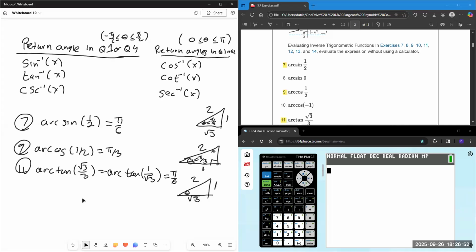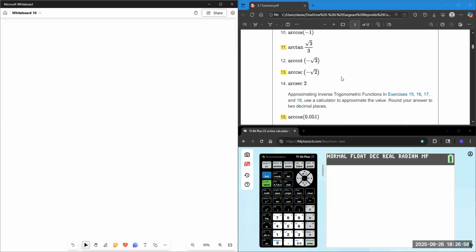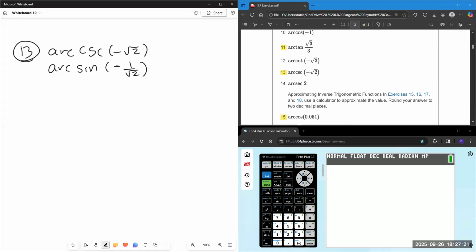So erase these, move on to number 13. Number 13 says arccosecant of -√2. Well, I don't really have cosecant values memorized. I have sine values memorized though. So I will take the arcsine of the reciprocal of the inside, -1/√2.